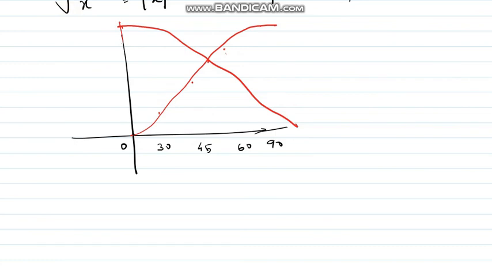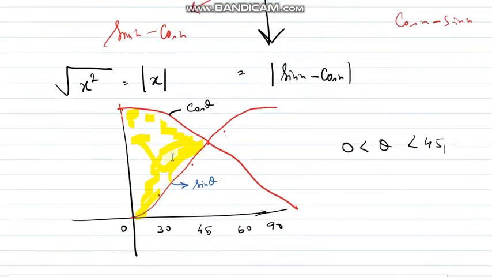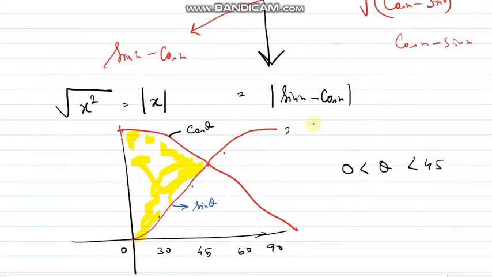Now just check in this region, in between 0 to 45. One minute, let me just draw. This is the graph of sin theta, and this is the graph of cos theta, right? So if theta is in between 0 and 45, that time cos theta is greater than sin theta, right? So the answer will be cos x minus sin x if the angle is in between 0 and 45.